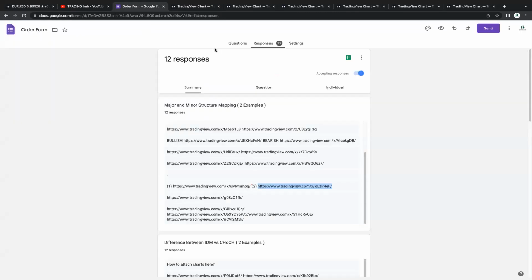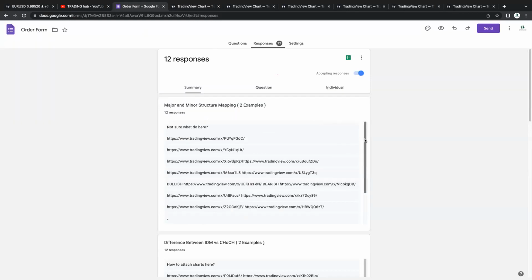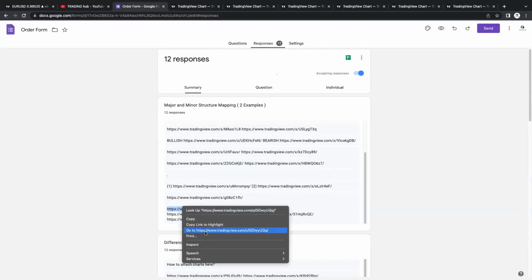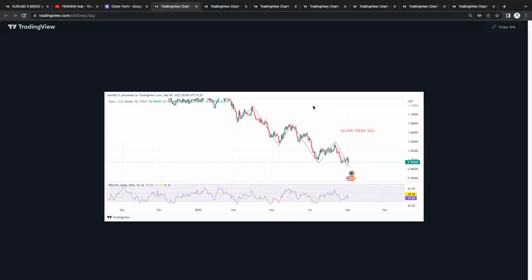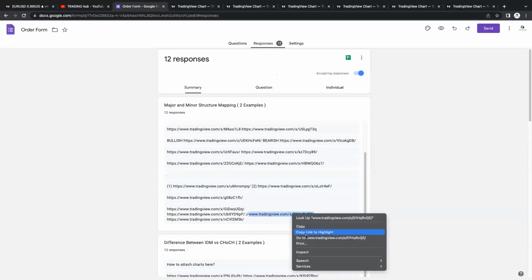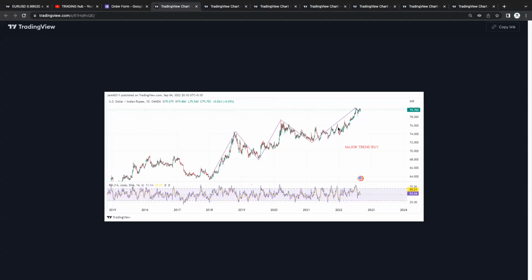Now let's see another one. Measure trend, in the Euro USD daily time frame. The last one is here.